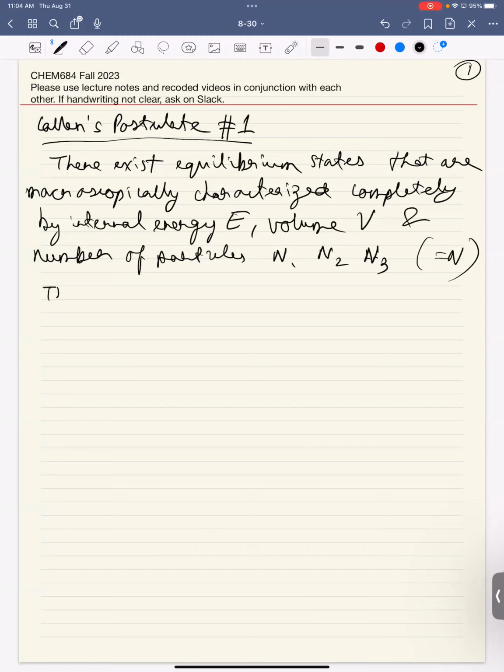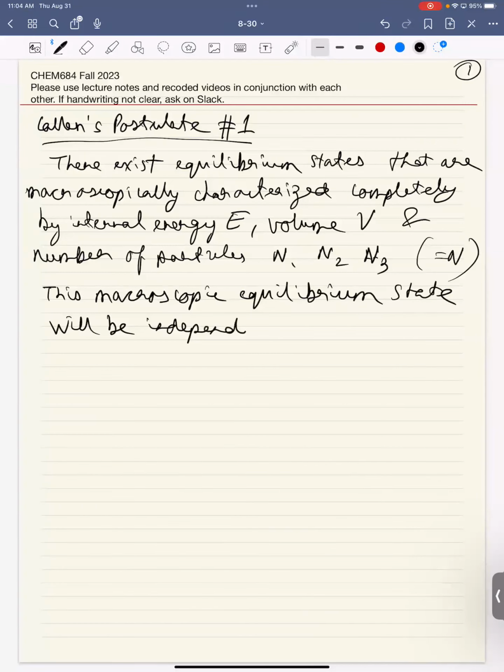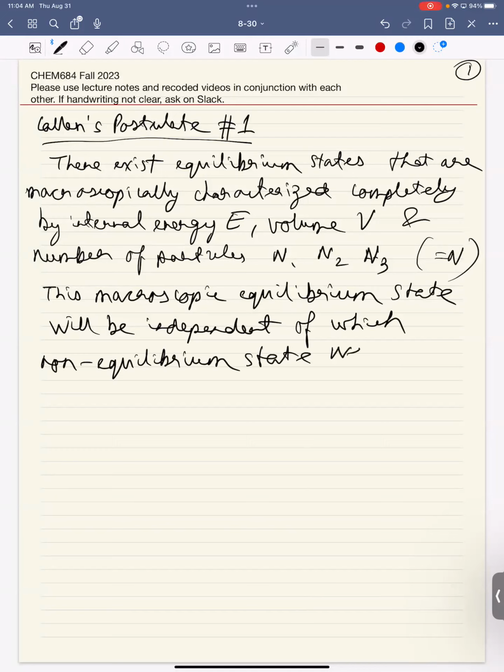It continues for a little bit more. This macroscopic equilibrium state will be independent of which non-equilibrium state we started from.